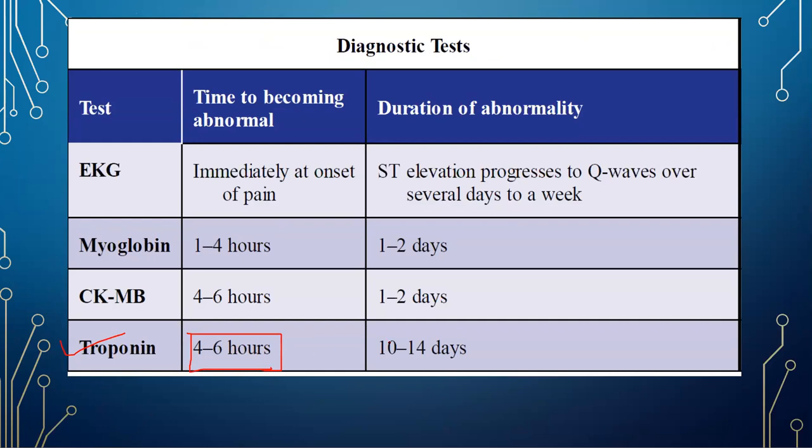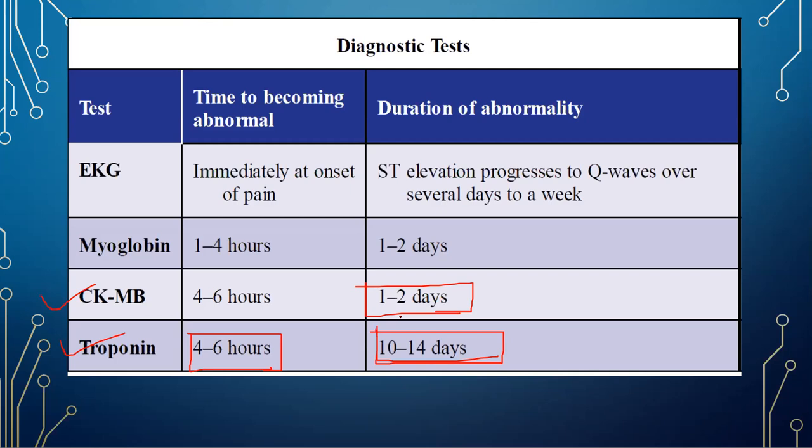The good thing about it is that it gets normal in 10 to 14 days time. So you can get troponin elevated even 10 to 14 days after onset of the chest pain. Whereas your CKMB starts to rise in the blood in 4 to 6 hours, but usually it gets better in 1 to 2 days.